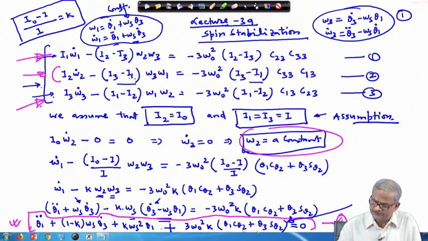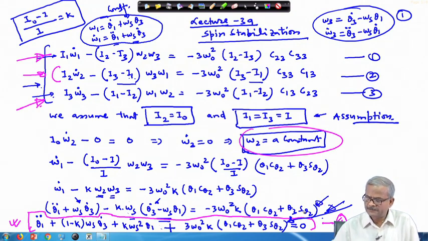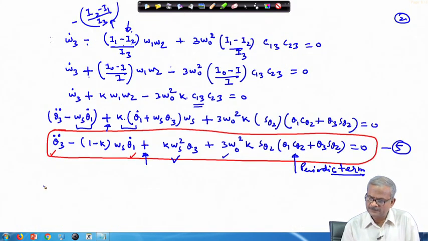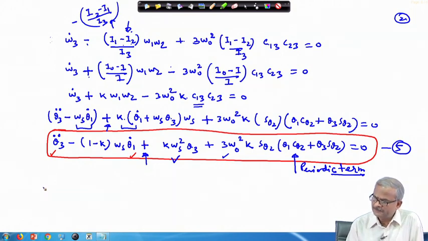Okay. So, in both these places, because of this particular coefficient which is appearing, which is a periodic term, we get in trouble. To get out of the trouble, we need to assume something, which means we need to do some transformation here. With appropriate transformation, we will be able to put equations 4 and 5 in a proper format, and thereby we will be able to work with them.